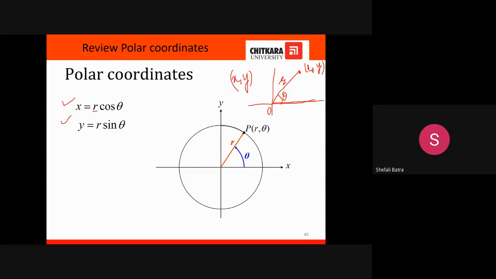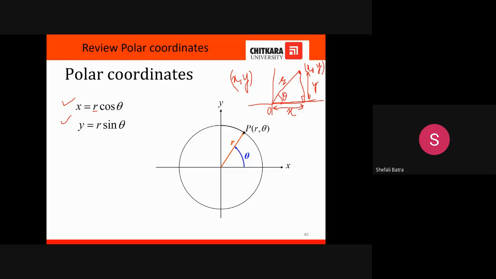When you're talking about r and theta, this x-axis is known as the initial line. Many times it will be written in the question, along the initial line. Initial line means it is your x-axis. Now from this point I am drawing a perpendicular on the initial line. So this is your x coordinate, and this is your y coordinate.